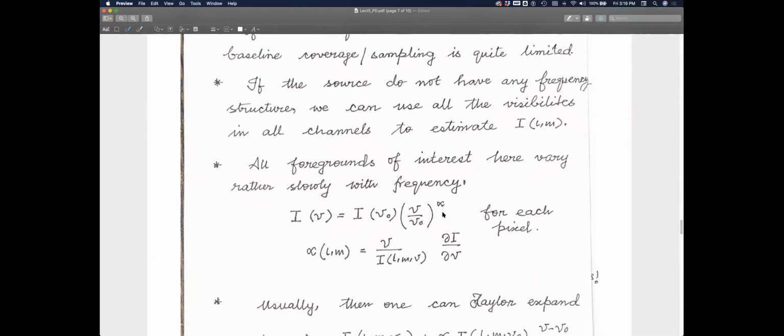It changes with the frequency just like a power law. Now, in principle, for different pixels or different sources, this power law can also depend on which point in the image you are looking at. So this second expression is nothing but the first expression written in a different way.